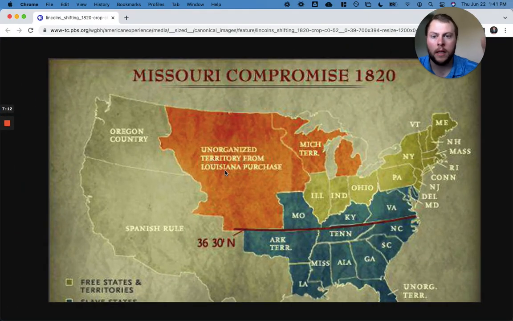We'll see. Missouri Compromise. The Missouri Compromise is the piece of legislation that is promulgated by Congress and is really the backdrop for this case. We've kind of set the scene, right?